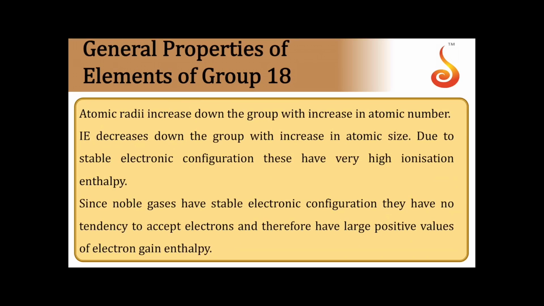Now the general properties of 18th group elements. Atomic radii increase down the group with increase in atomic number, the general trend in any group. Ionization energy decreases down the group, but due to stable configuration, they have very high ionization enthalpy values.